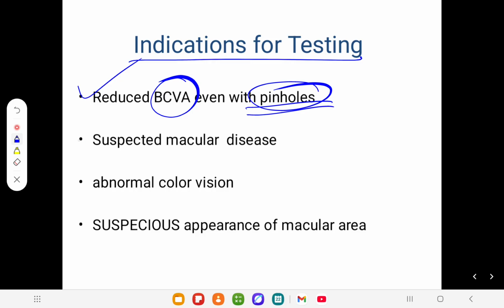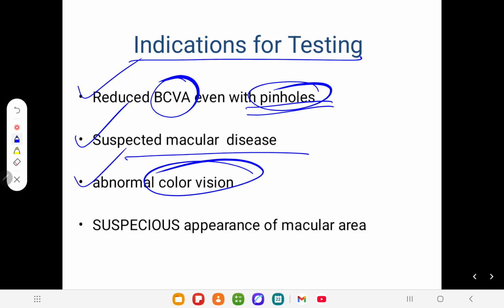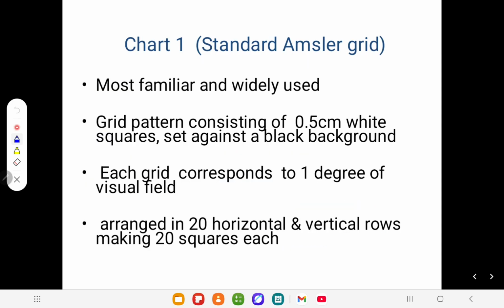Pathologically suspected macular disease, like ARMD. Abnormal color vision, which may indicate an optic nerve or macular defect. And if we suspect an abnormal appearance of the macular area, then we test with the Amsler grid, and even prescribe it to the patient.